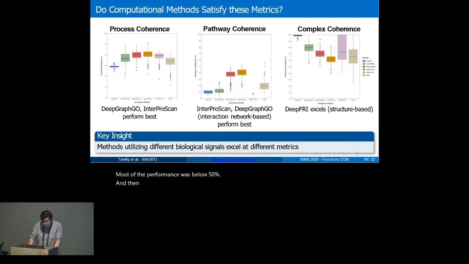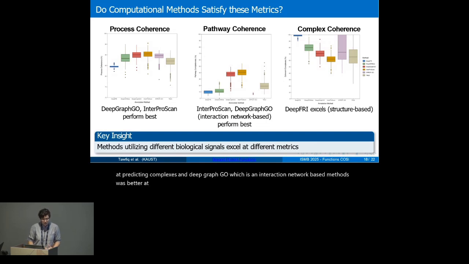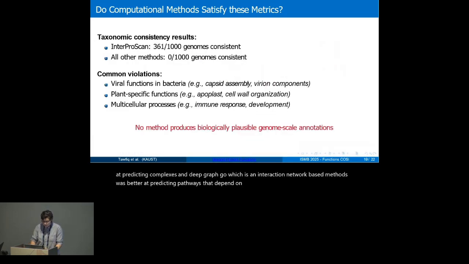And then for complex coherence, we found that DeepFRI actually excelled, and it almost always predicted the protein complexes correctly. So our key insight here is that methods that utilize different biological signals excel at different metrics. So for DeepFRI, we used PDBs or protein structures as input, and it was better at predicting complexes. And DeepGraphGO, which is an interaction network-based method, was better at predicting pathways that depend on interactions.